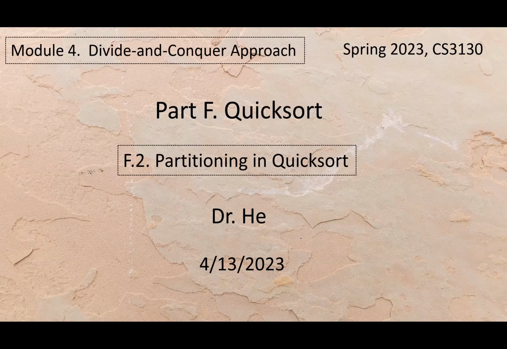So let's look at the next step, F.2, partitioning in Quicksort. That divide step we call the partitioning step. There is a smart way to do the partitioning to have that special property.